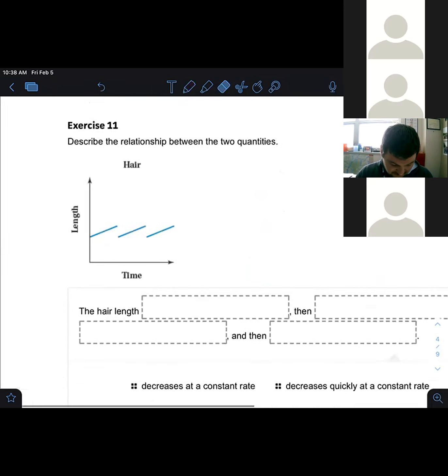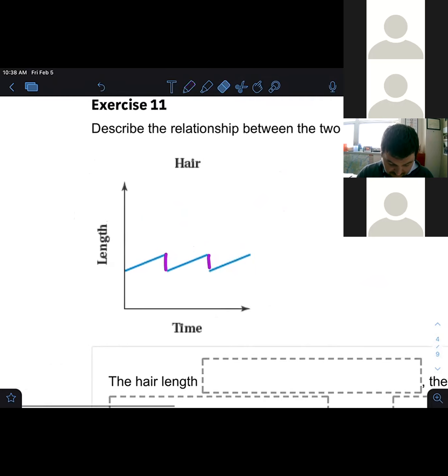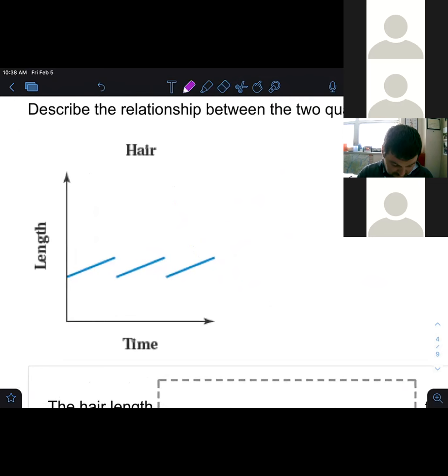Now, what's interesting is you have these vertical segments. If you were to connect them, there'd be vertical segments right there. And so it's all about context. You're talking about your hair. Can someone please explain what's going on right there and right there? They're cutting the hair. Yeah, it's a haircut. They've got your hair and then scissors, it's gone.